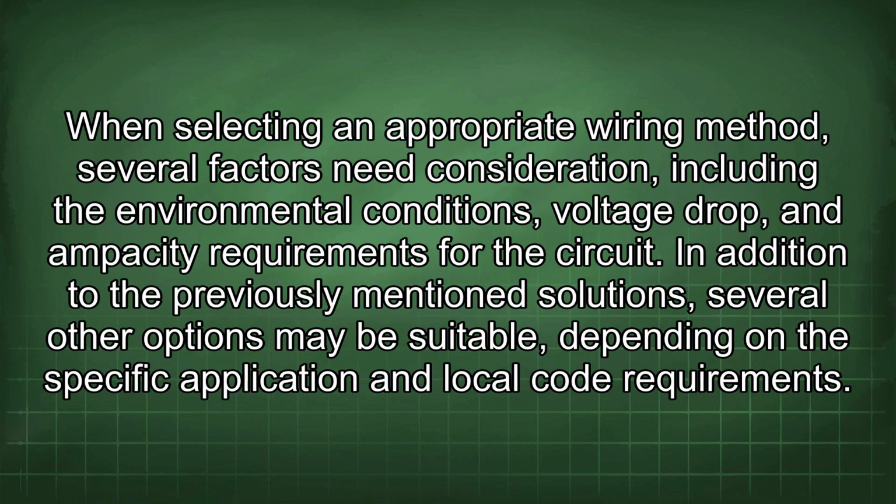When selecting an appropriate wiring method, several factors need consideration, including the environmental conditions, voltage drop, and ampacity requirements for the circuit. In addition to the previously mentioned solutions, several other options may be suitable depending on the specific application and local code requirements.